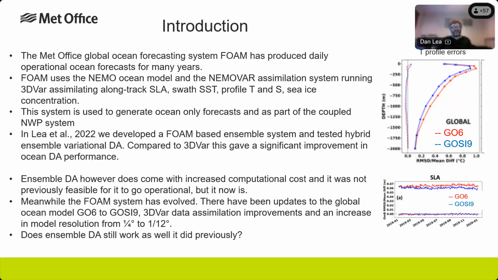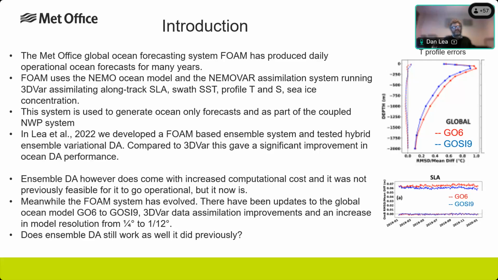For one thing, running the ensemble is expensive because you have to run the models multiple times, and the cost of the data assimilation also goes up. Previously it wasn't feasible to go operational, but we now do have the resources to do that.